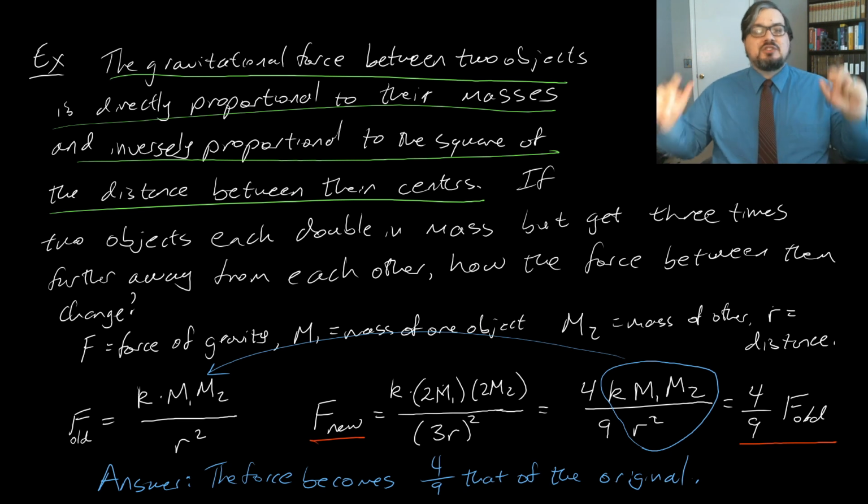This inverse square relationship actually shows up all throughout physics and even mathematics. If you go on to calculus and even all the way to multivariable calculus, it turns out that there are very deep theoretical reasons for this. It's not just that the over r squared expression happens to show up a lot in real-world physics.